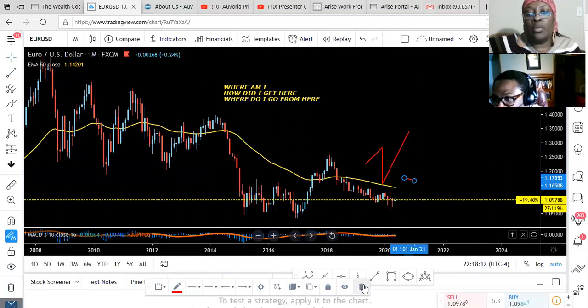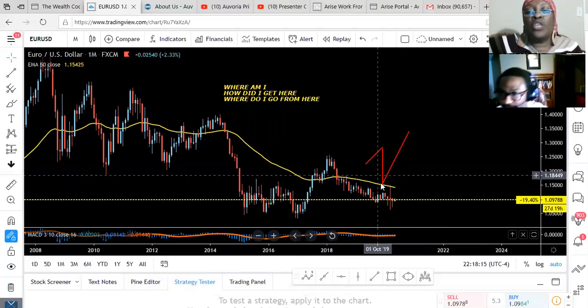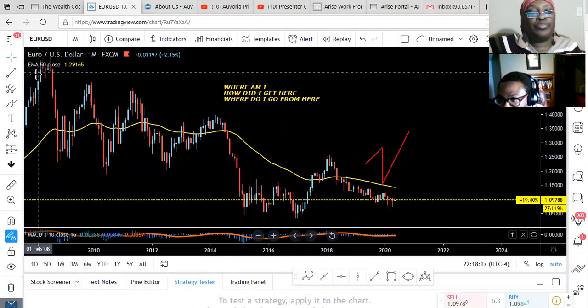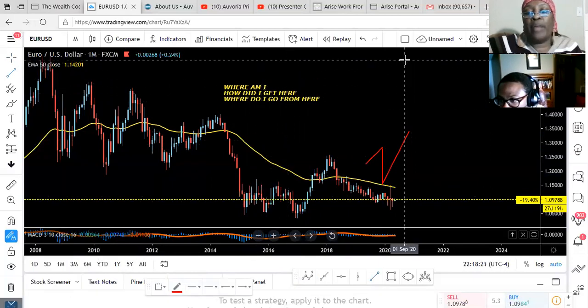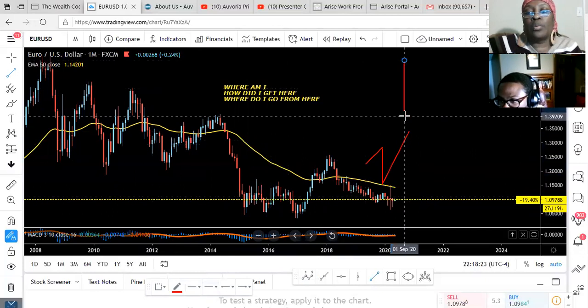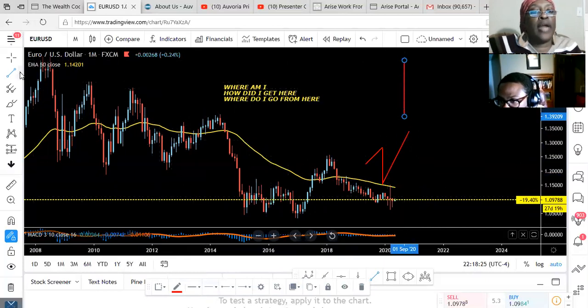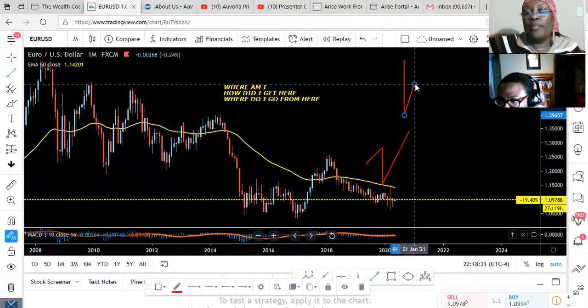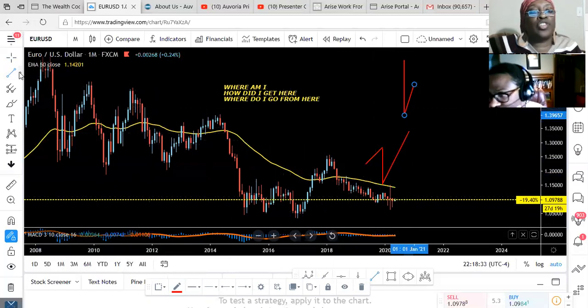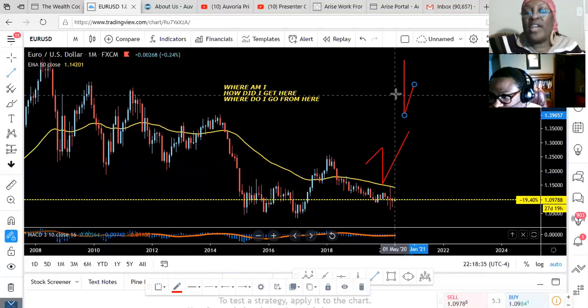Disregard that one. Okay. So basically, you have an impulse, whether it's up or down, bearish or bullish impulse. And then after the impulse, you have a correction. And then after the correction, you have a continuation.